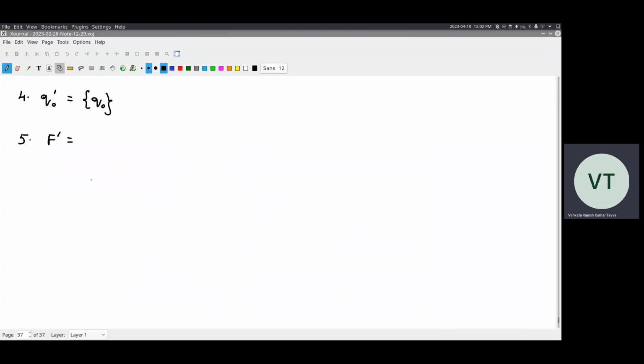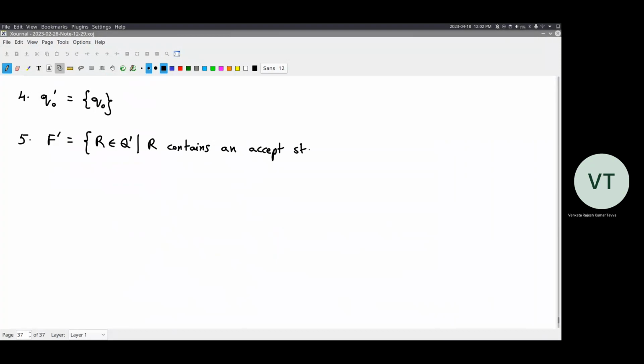So all those states in which there is an accept state of the NFA as an element are considered as final states in the DFA. Okay, so it is the set of R's such that R contains an accept state of N.